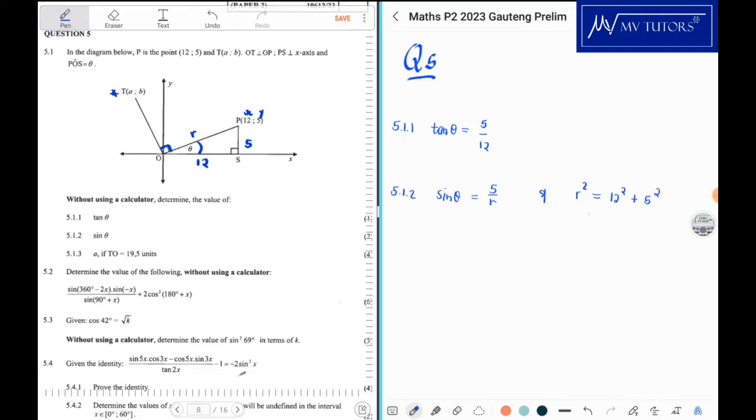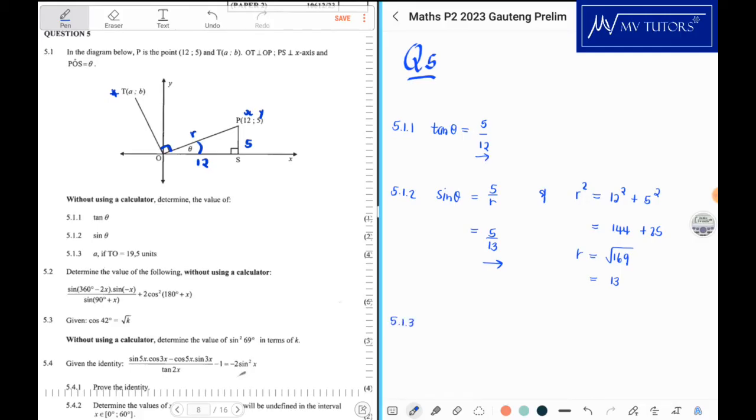Alright, and mind you, we're not supposed to be using calculators, so I hope this is doable. So we have 144 plus 25, which is 169. I hope you can see that root 169 is actually 13. So now we know what our r value is, which is 13. Okay, and that is 2 marks.